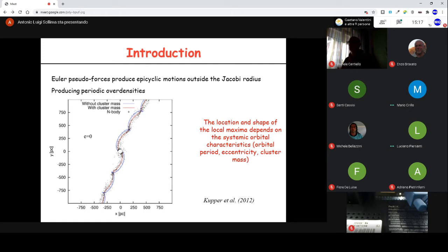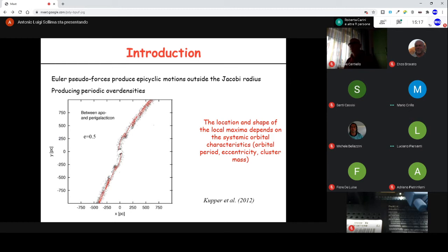So stars follow epicyclic motions in which there are regions where they spend more time, and so there is an overdensity of stars. The distances of these maxima are a fixed number of times the Lagrangian radius. So they depend on the orbital characteristics, like the orbital period, the eccentricity, and the cluster mass. And this is true both for circular orbits and eccentric orbits.